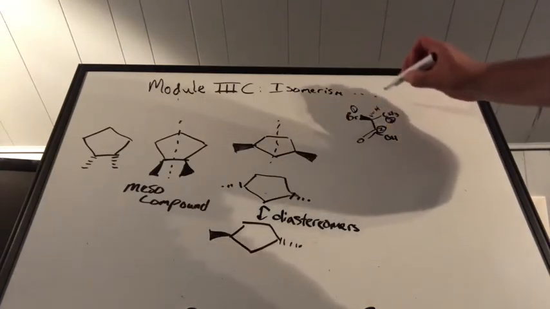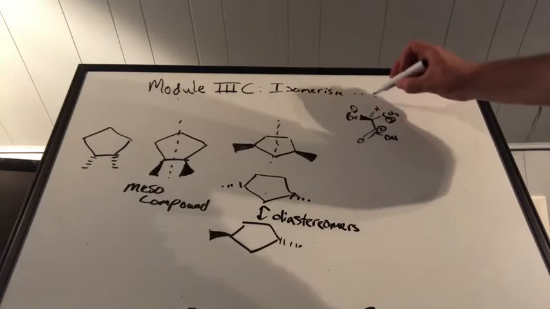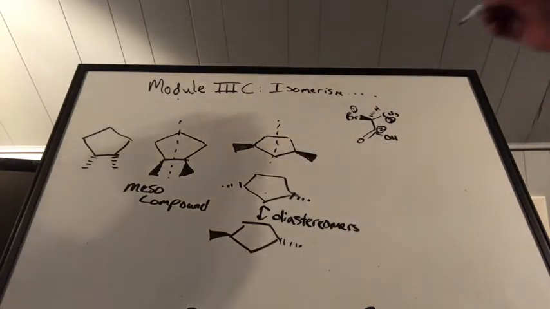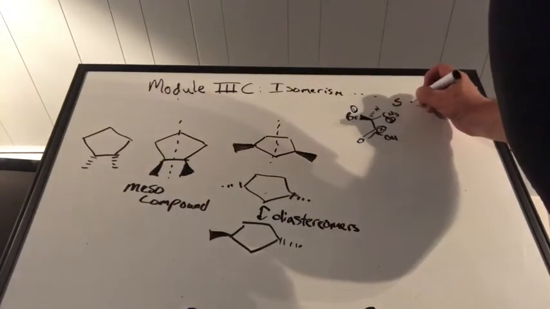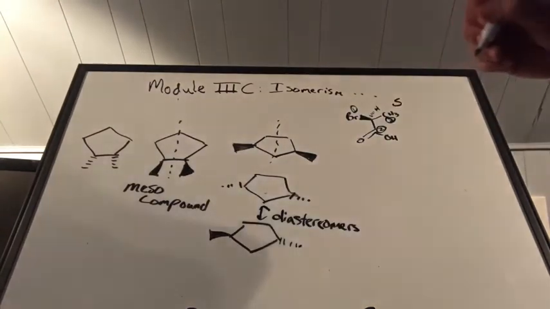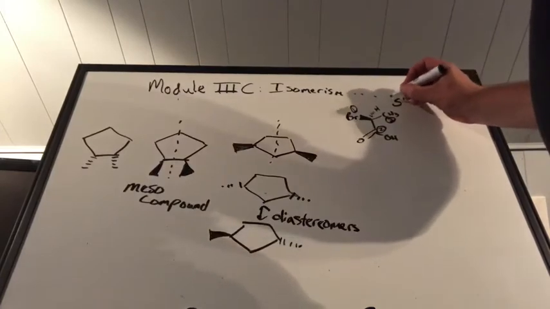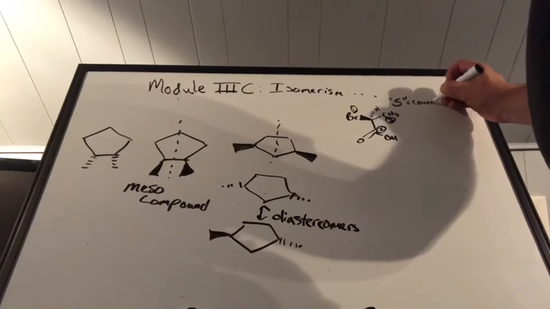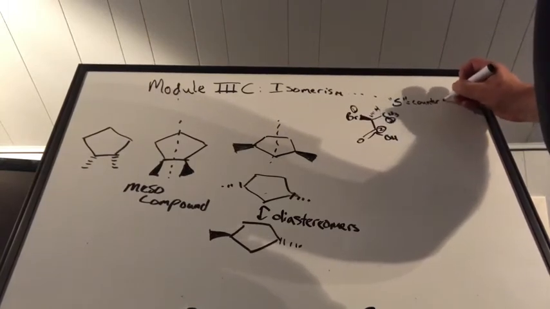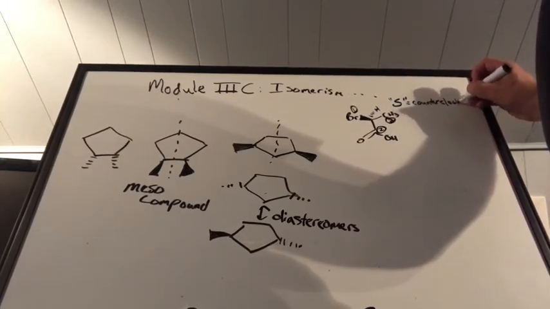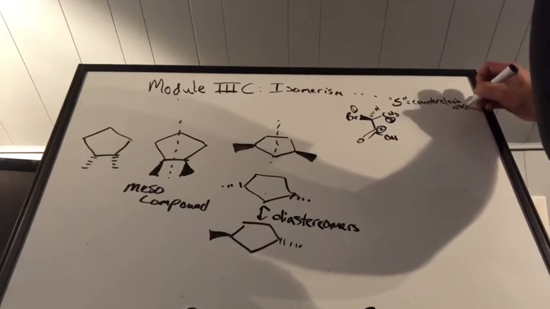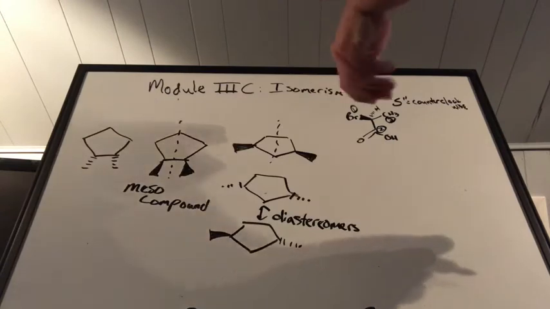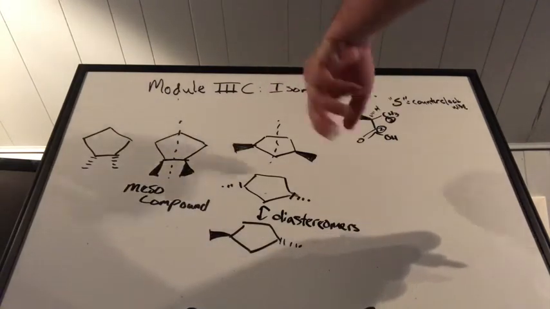So if it's going in a counterclockwise direction, it is what is referred to as S, or sinister. So counterclockwise. And that means that it's going to be left-handed, right?